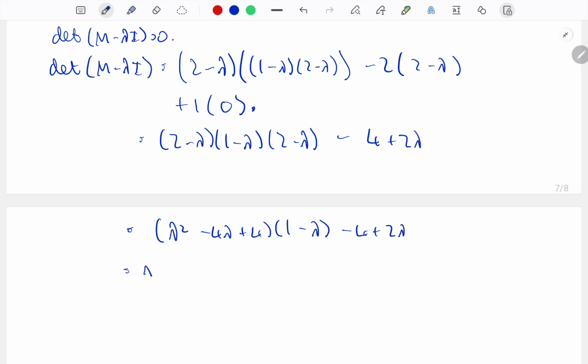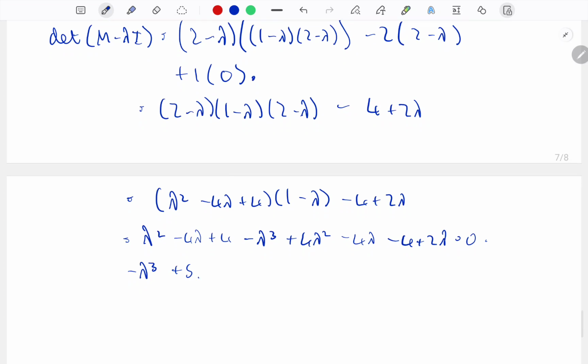That gives minus lambda cubed add 4 lambda squared minus 4 lambda, minus 4 add 2 lambda equals 0. So we get minus lambda cubed add 5 lambda squared, minus 6 lambda, and then 4 take away 4 is 0.